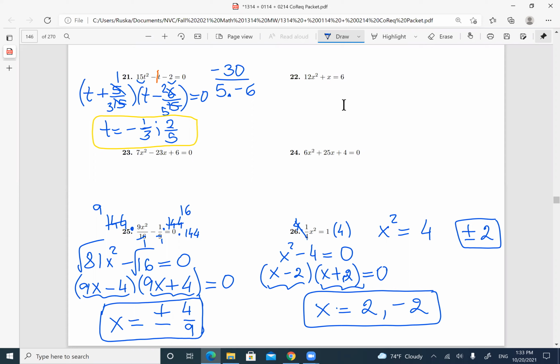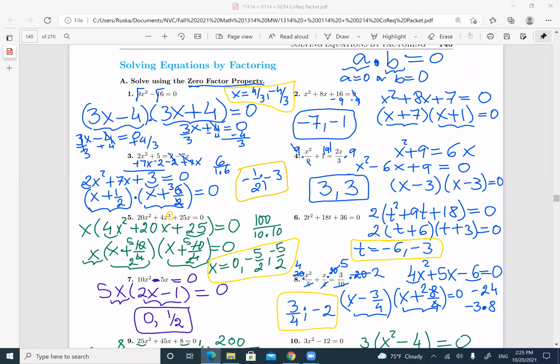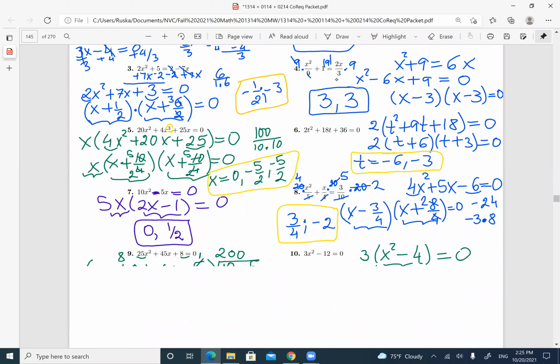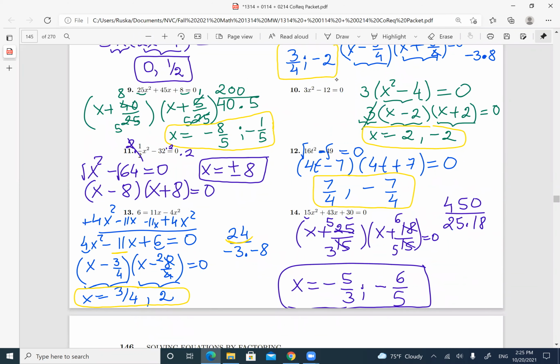Okay, so that's what we have for today, and then we're going to work in groups. So here are all the solutions of the equations. We have them solved in groups. So these are the questions from 1 to 8. And then we have all the solutions from 9 to 14.